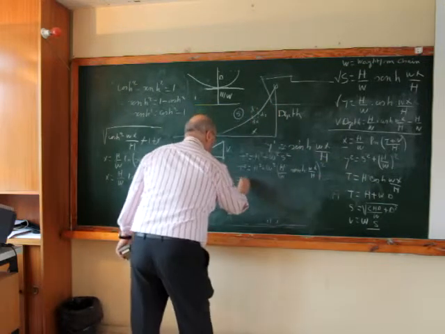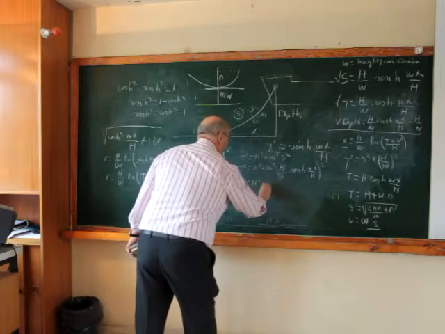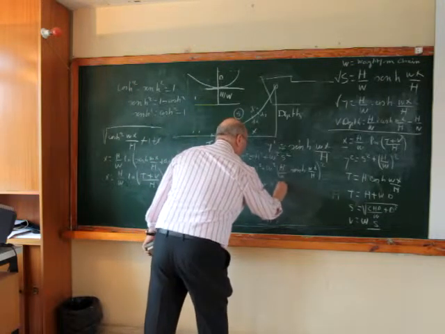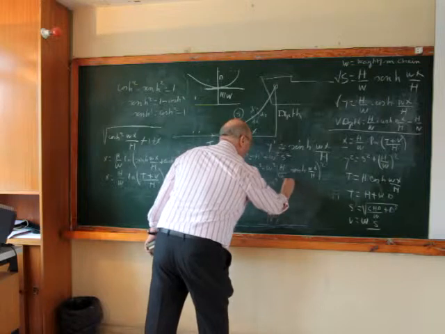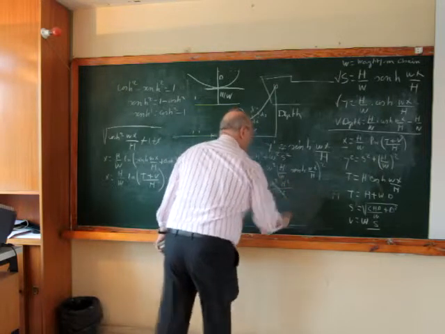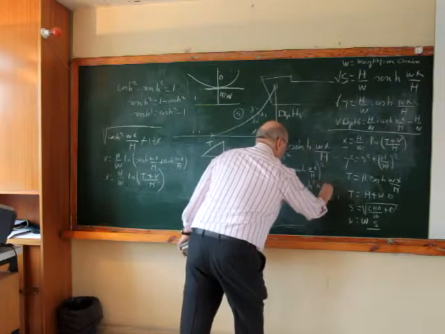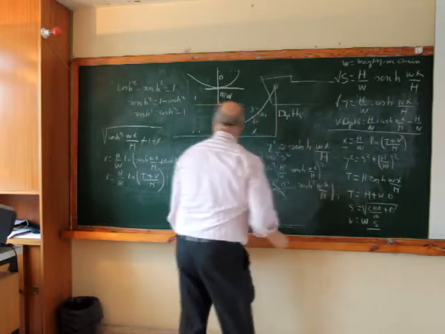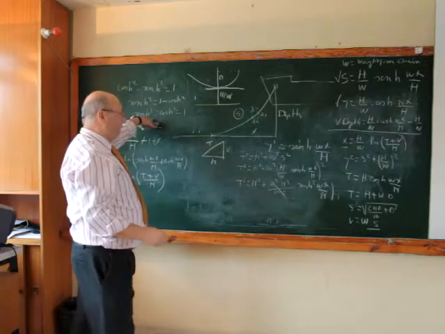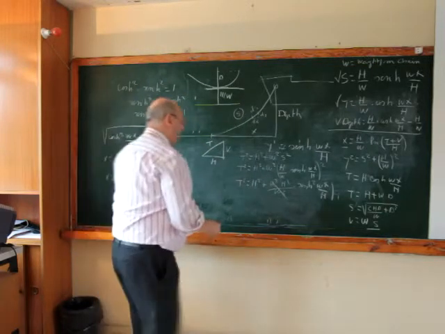So this means T squared is H squared plus W squared by H squared divided by W. And now again apply this formula over here.